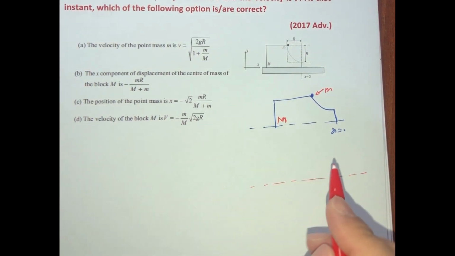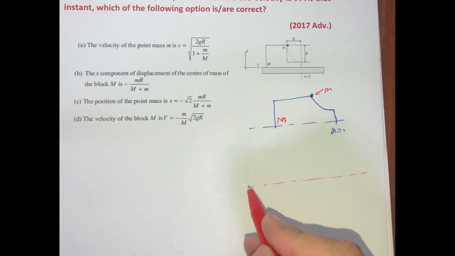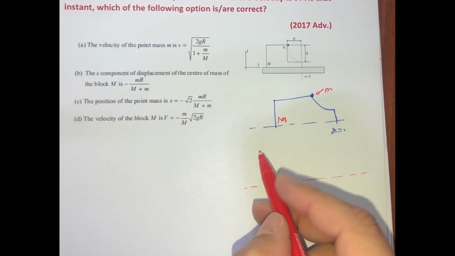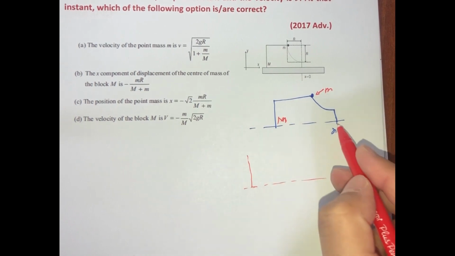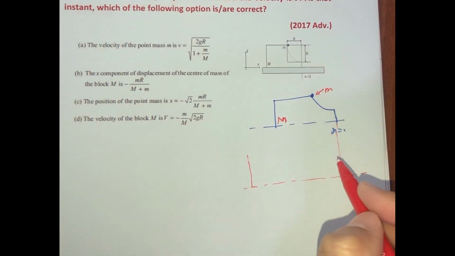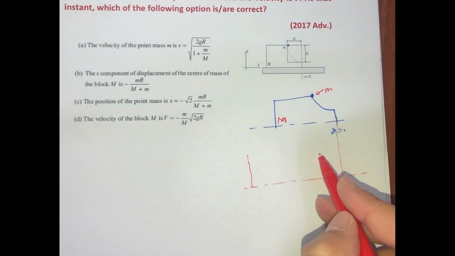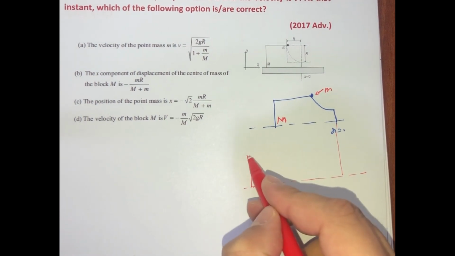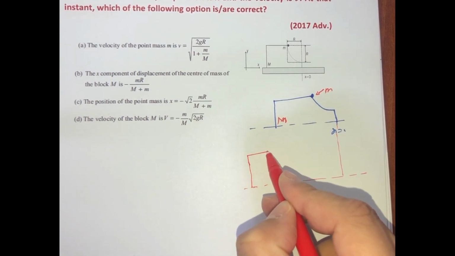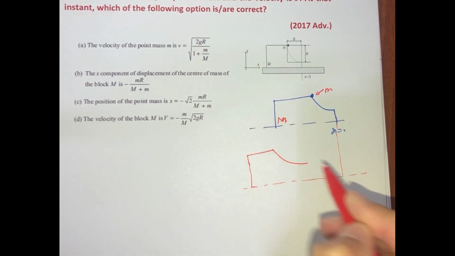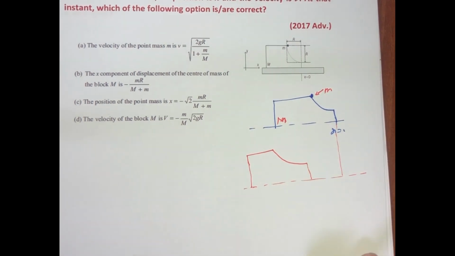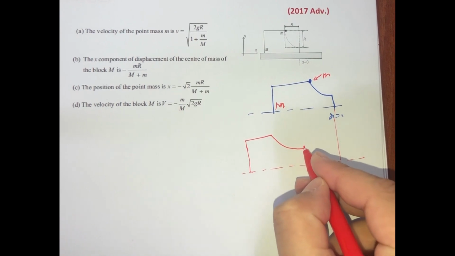So let's draw it again, and we assume that this is the new coordinate system of the block. Now the ball is here.